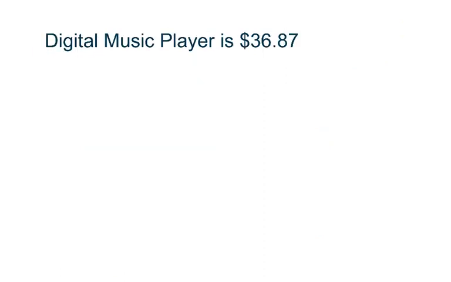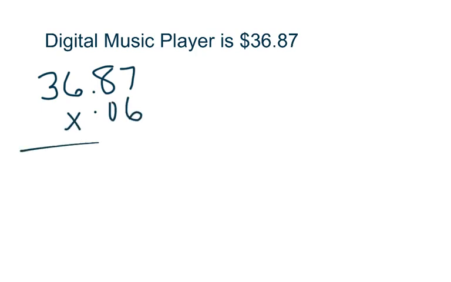Now we're going to look at this digital music player. It's $36.87, and they want us to find how much it would cost with 6% tax. So what do we do? Same thing as before. I'm going to take this $36.87, and I'm going to multiply that times 0.06. 6 times 7 is 42, carry the 4. 6 times 8, 48. 48 plus 4 more is 52.